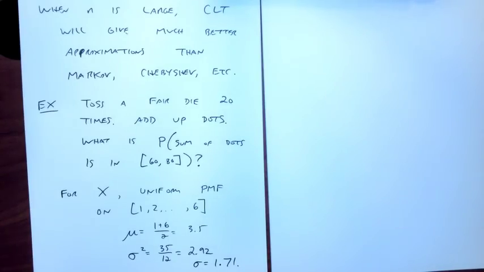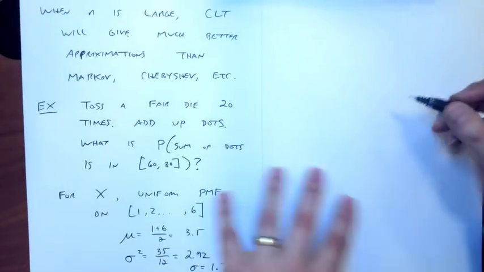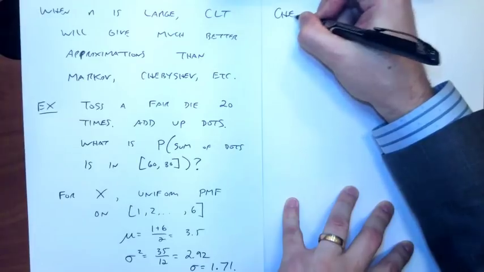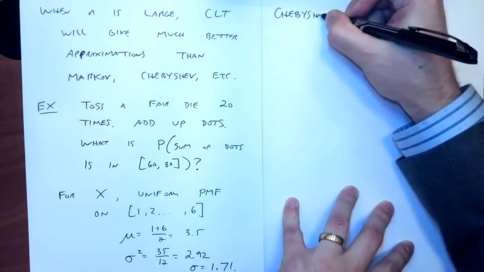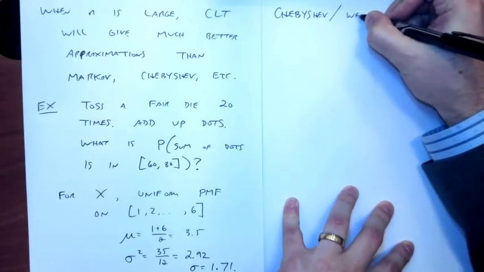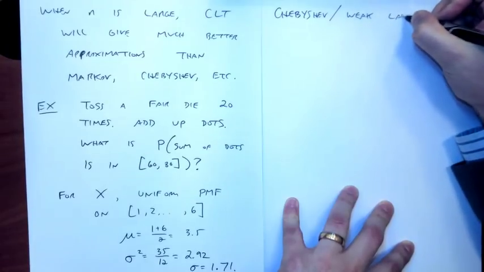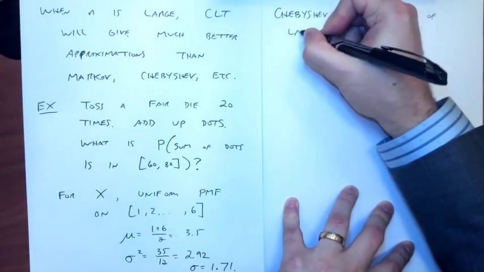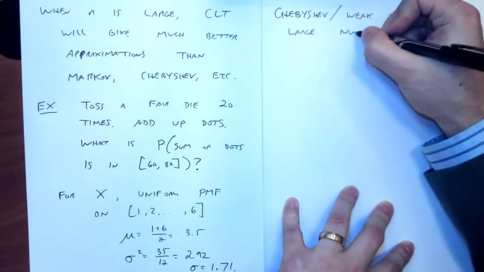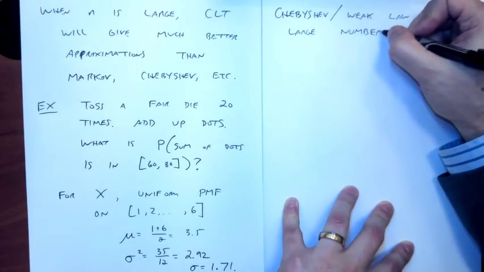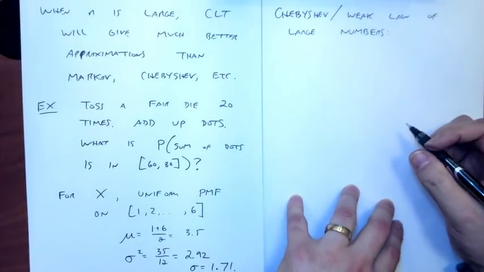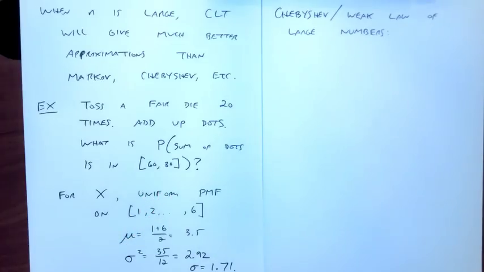So now let's talk about what the Chebyshev approximation would be, which is the same thing as last time that we called the weak law of large numbers. How would we work that kind of problem? Well, let's take this word problem and write it in terms of sums and means.